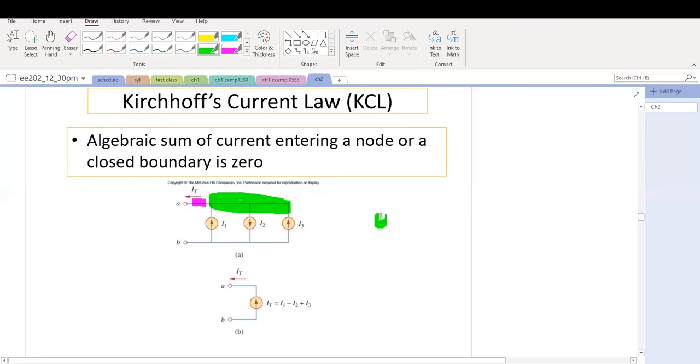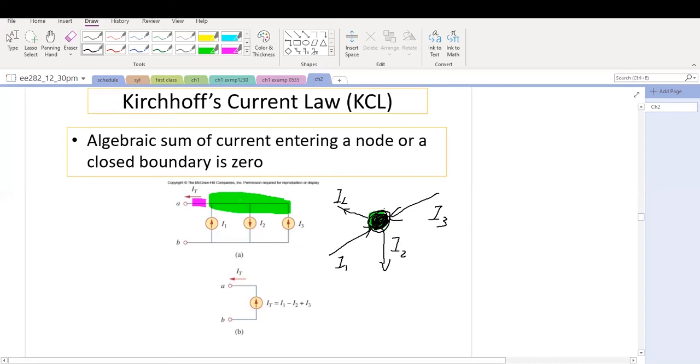If we draw it here, IL flows out of here, and then I2 flows out of this node, and I1 and I3 flow in.